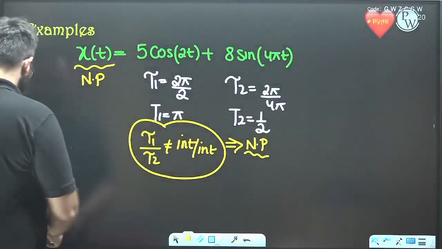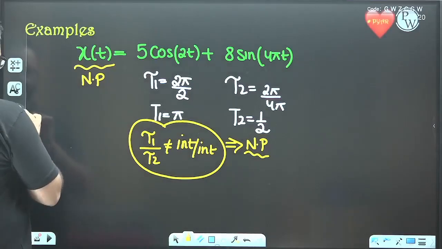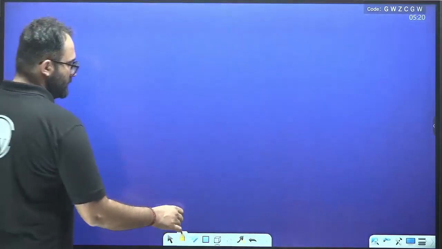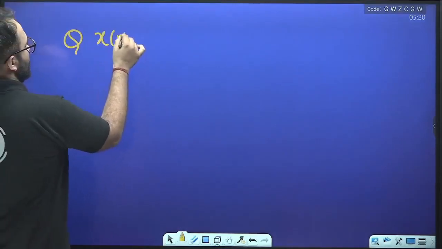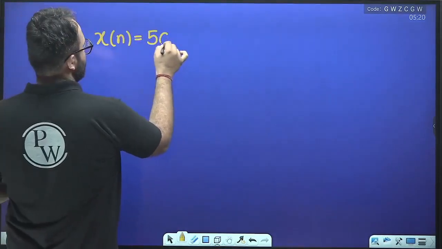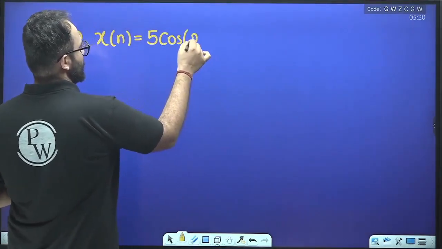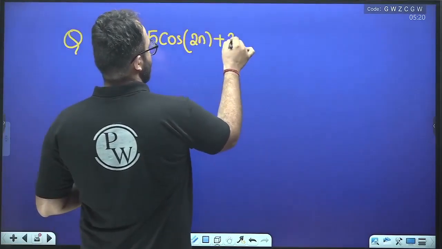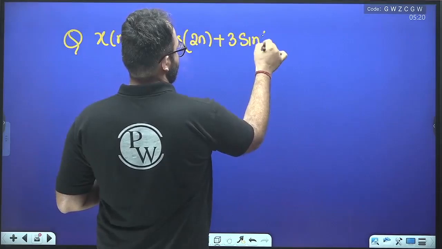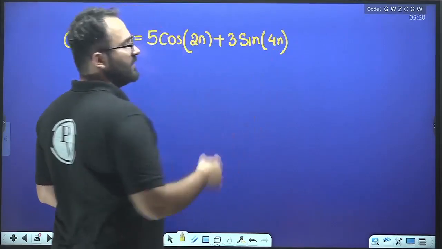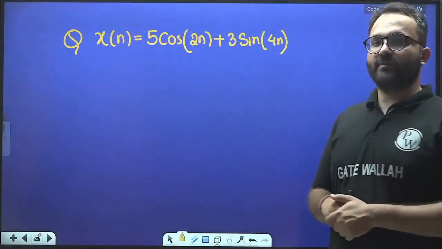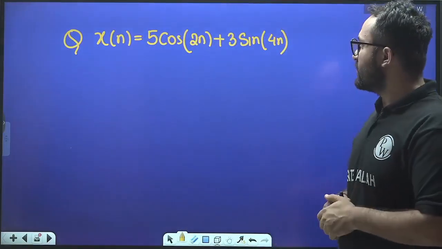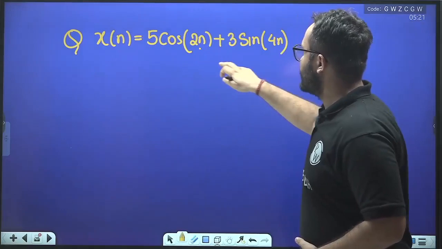Now, one more example. For example, x(n) is equal to 5 cos of 2n. Now, it is very easily visible that these two signals are non-periodic, because a discrete signal is periodic only when the omega naught has a pi term in it.